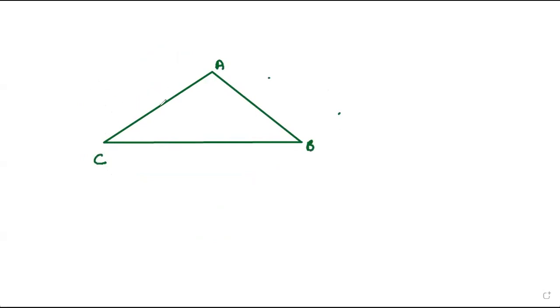It's given that C to A is a, A to B is 2c, and there is a point here, suppose point M, and this point M has divided the vector C to B in ratio 1 ratio 3. So M is a point on vector C to B which has divided C to B in ratio 1 ratio 3.